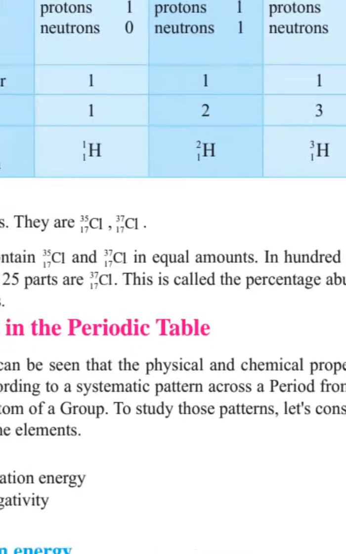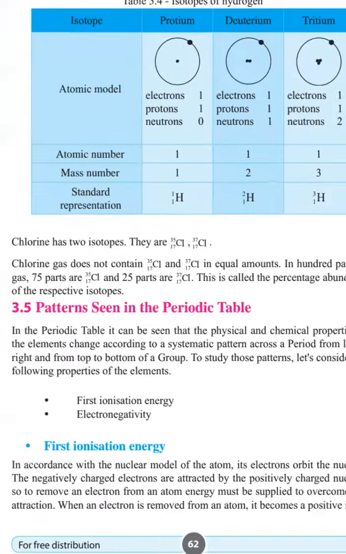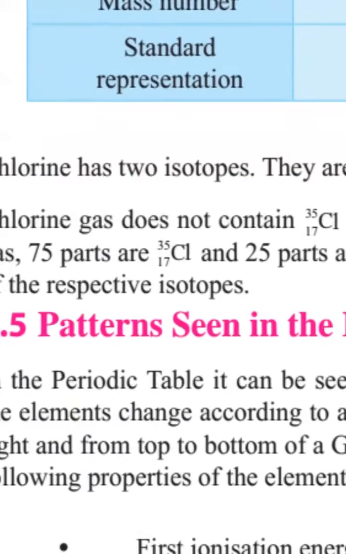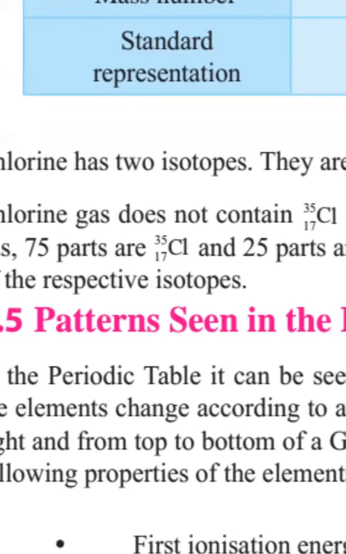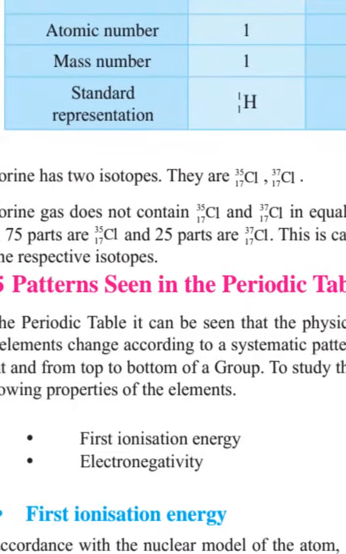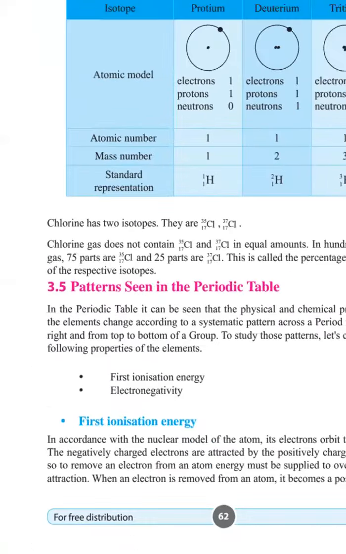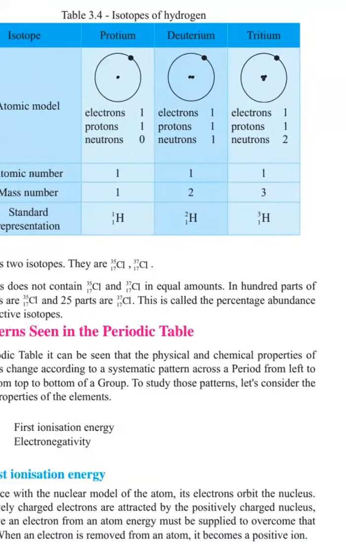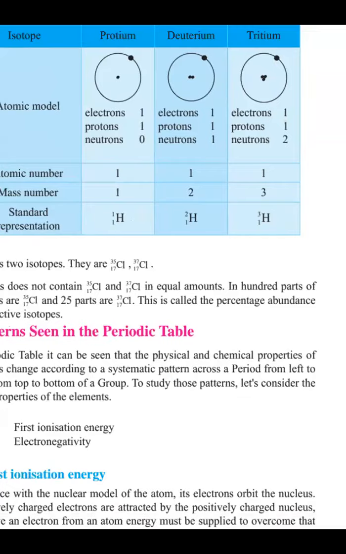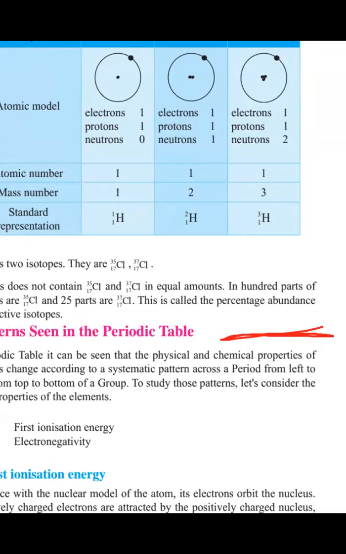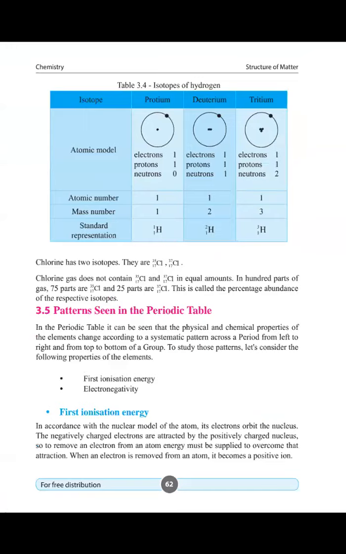There is a percentage, that is the percentage abundance. 75% of the isotope is 35, 25% is 37. This is called the percentage abundance of the isotope. That is about the isotopes.